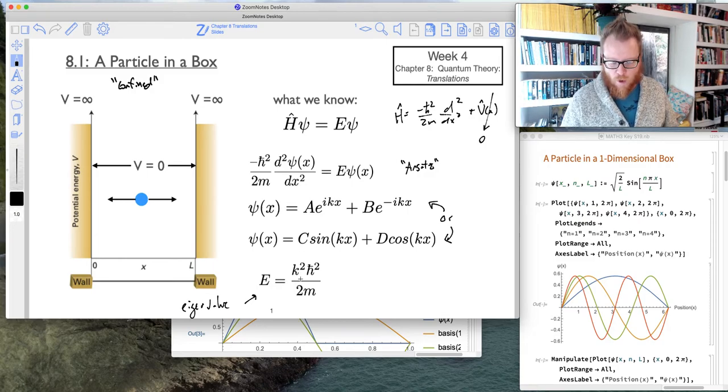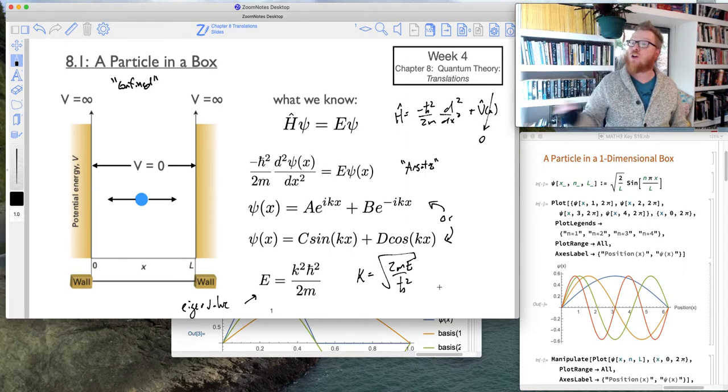What I was more interested in showing you is that solution for k. So we established that k is a collection of all of our constants, and that was equal to the square root of 2mE divided by h bar squared, okay? So we can rearrange that for E, and that gives us our eigenvalue, okay?